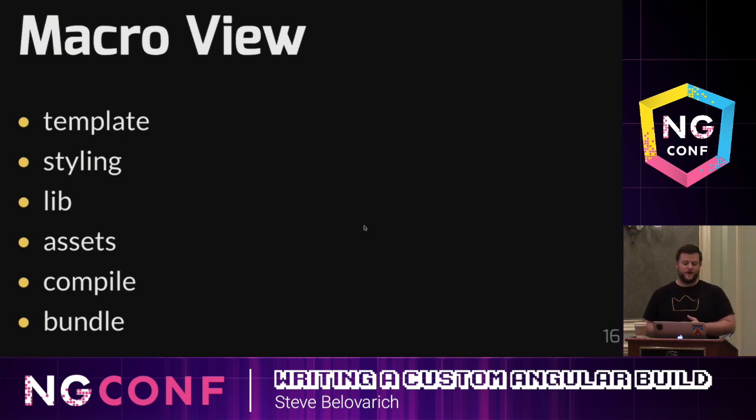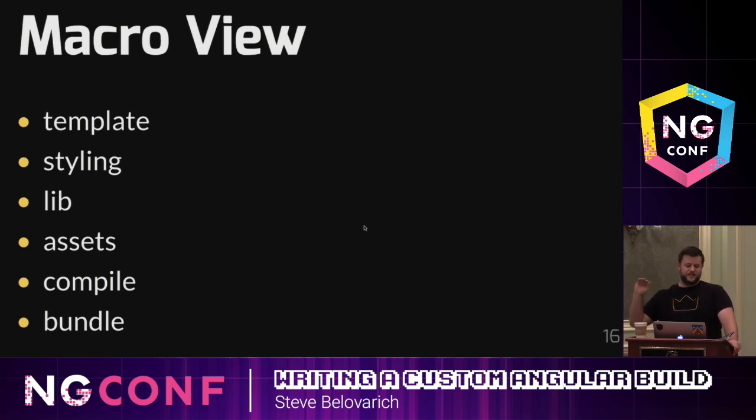We're just going to have some CSS files to deal with. We're going to have to manage our library dependencies. We're going to have to deal with public assets in some regard. And we're going to have to compile our application because we're writing Angular in TypeScript, right? So we're going to have to compile that down for the browsers. And then we're going to have to bundle.